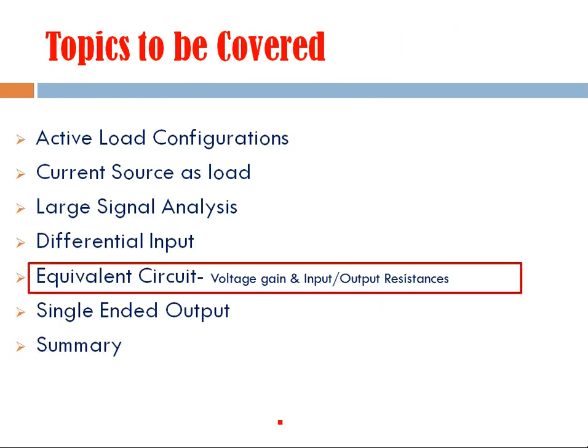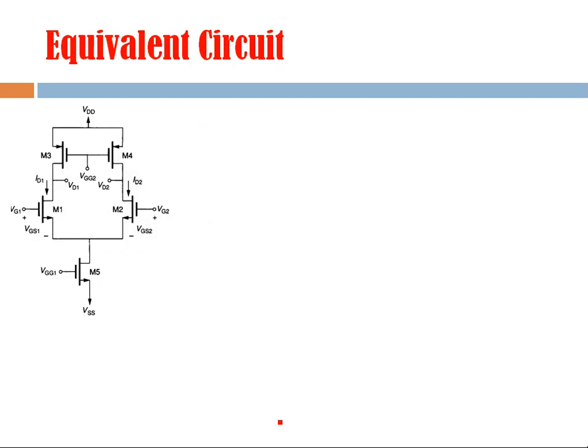Now, equivalent circuit. See, this is the circuit of the differential amplifier with the current source as load. Now we have to draw its equivalent circuit, and we will use the same principle which we discussed in earlier lectures, that this point is considered as virtual ground, right?